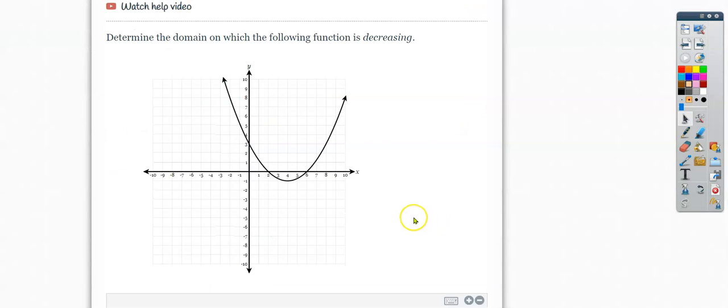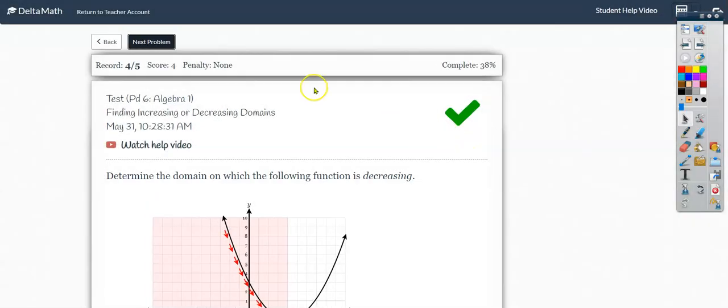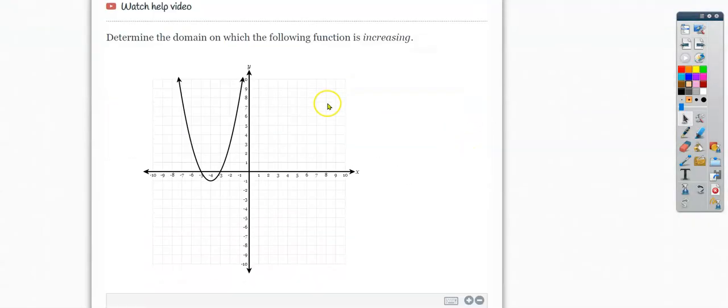One last time, when is it decreasing? Well, if I read my graph, this is the decreasing section all the way to that vertex. So when x is less than 4. All of these are using a less than sign, but that's not true for every question. It just happens to be true for these. When is it increasing? Okay, this one's different.